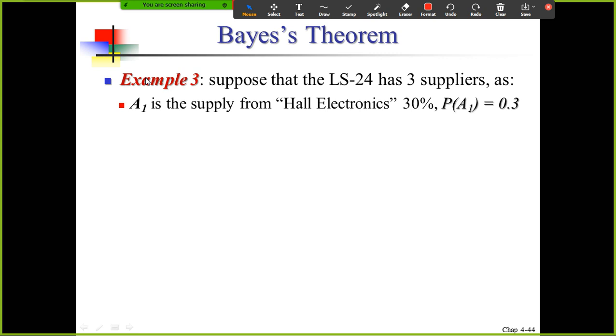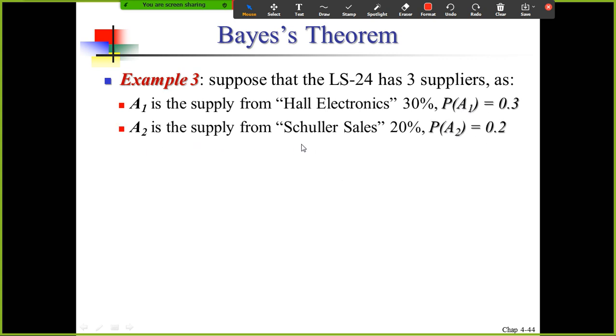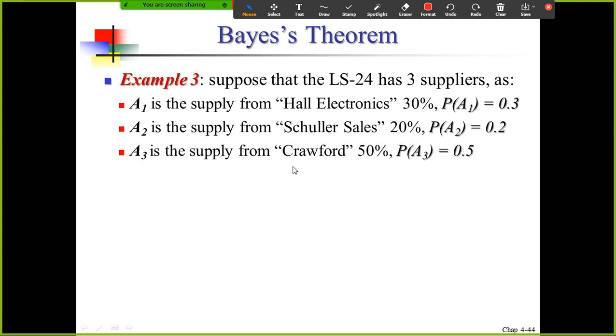That's why it should be prior probabilities. A1 is supplied from Hall Electronics, 30%. That's why the probability of the Hall Electronics supplier is 30%. A2 is supplied from Schaller Cell, 20%. So the probability of a Schaller supply is 20%. A3 is supplied from Crawford, 50%. That's why the probability of the Crawford supplier is 50%. Okay, this is prior probability.